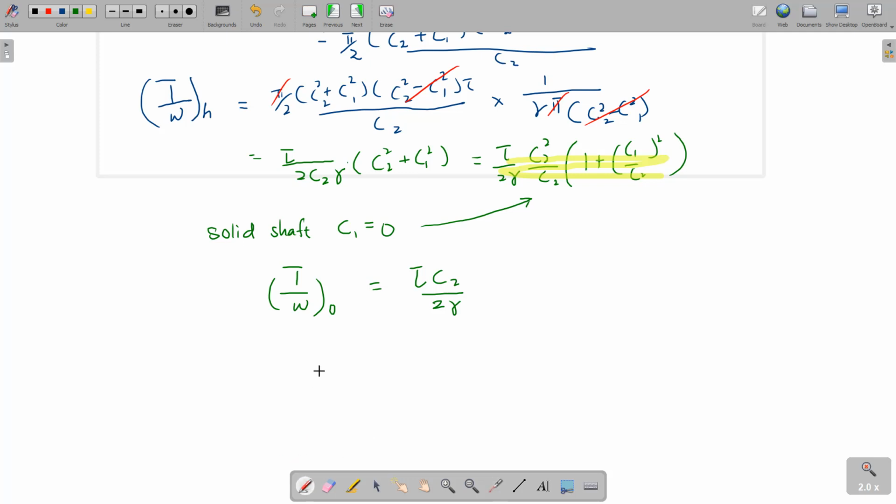Now it is the time to take the ratio. T divided by W for hollow, over T over W for solid. Let's take the ratio. Okay, you are going to have something like this.